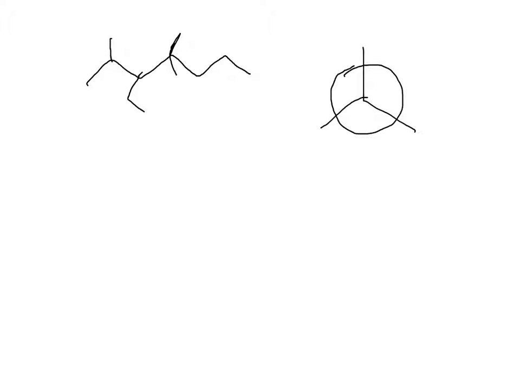So on that front carbon, our biggest group is going to be the isopropyl group, which is this group here. So the isopropyl group, we'll just put up here. I'm just going to label it like that. That's the isopropyl group.